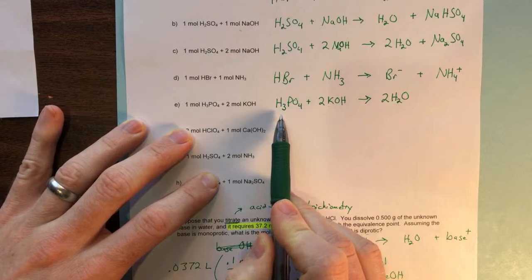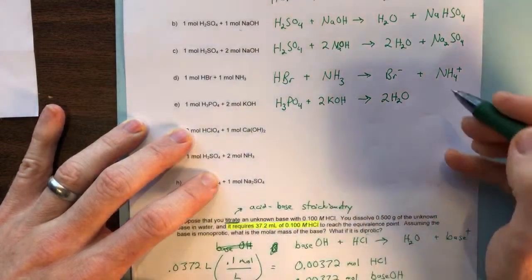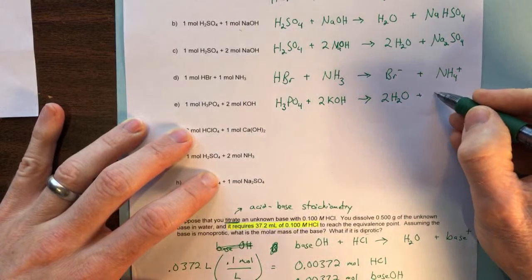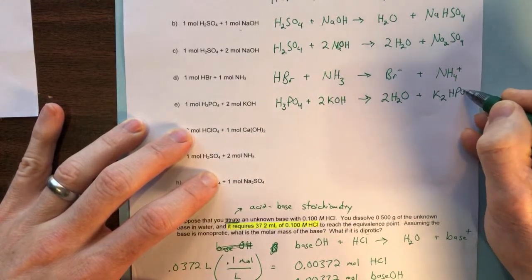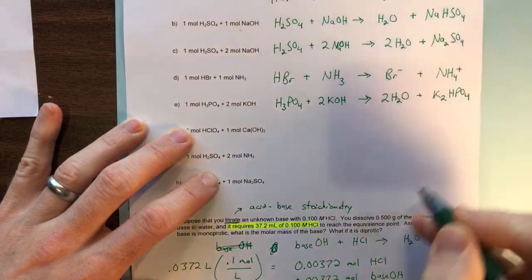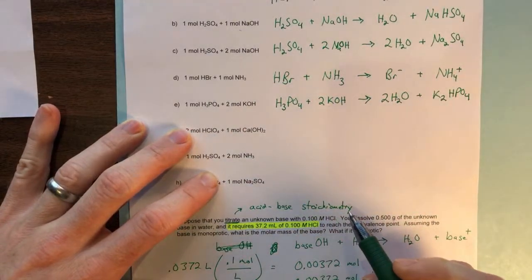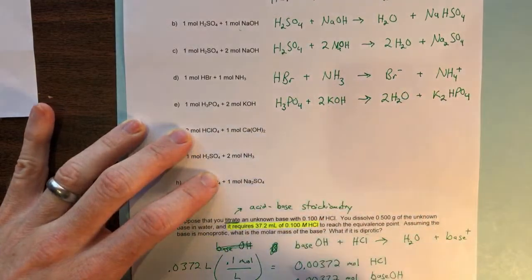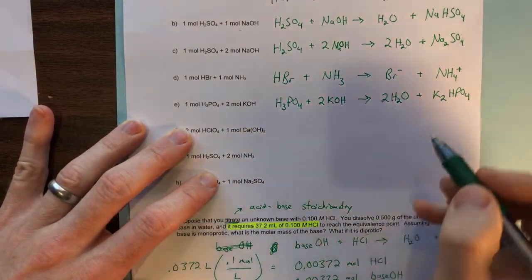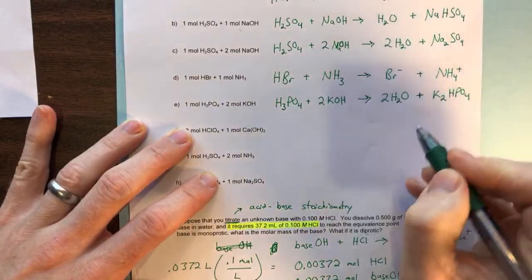So that's going to turn into HPO4 2 minus. I'm just going to write it as K2HPO4. Or you could write it as 2 separate things: 2 K plus, and plus HPO4 2 minus. That would work too.